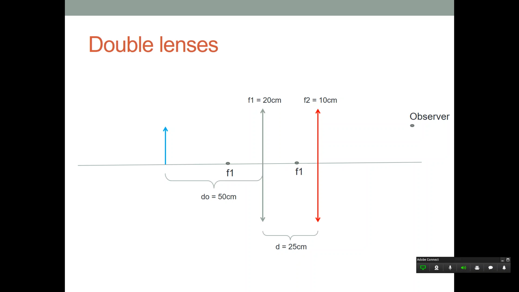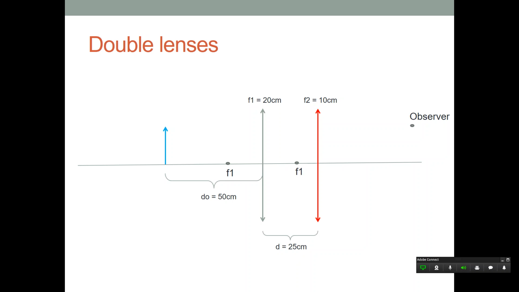So here's a trick that you guys are going to use when there's double lenses: you kind of ignore one and work on the other one until that one's done. Which one is the light going to hit first, F1 or F2? The light's coming in this direction, emanating from the object, and it's going to hit this lens first. So let's ignore F2 altogether and draw the ray diagram for F1 as we know how to do it.